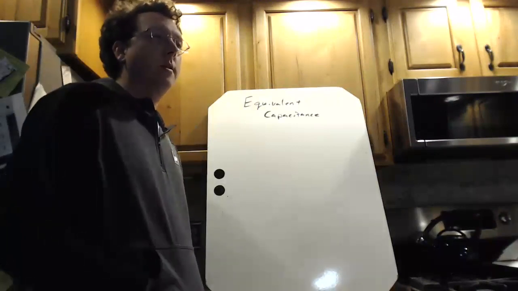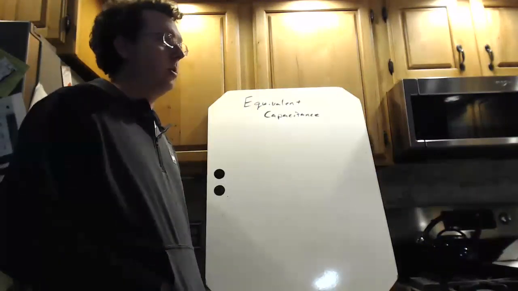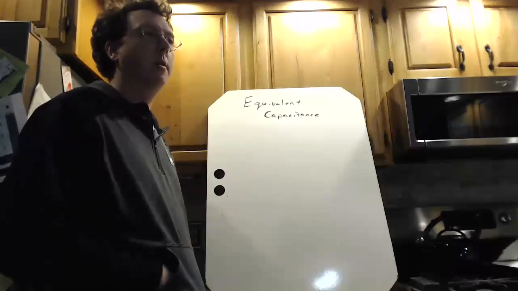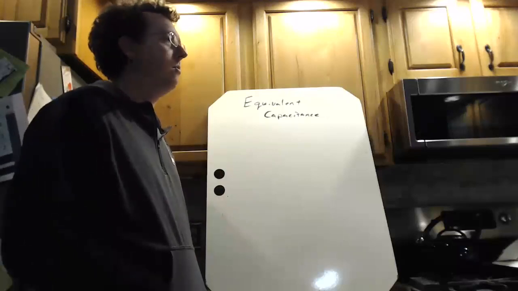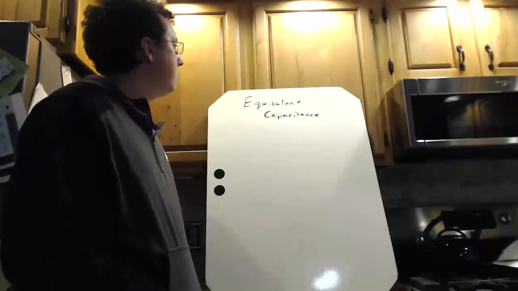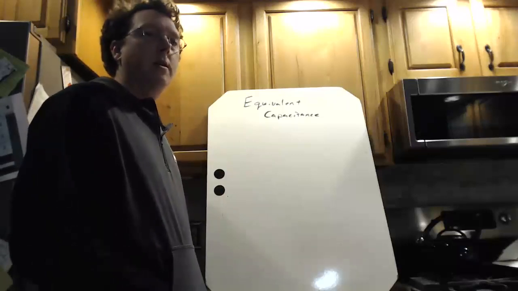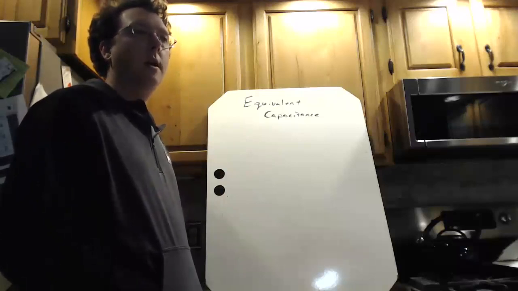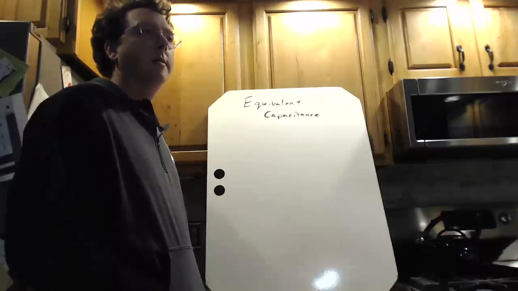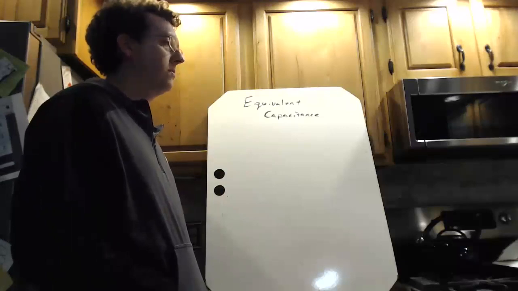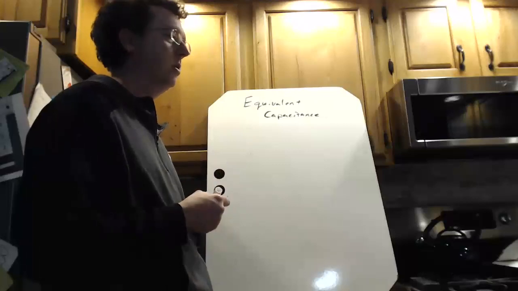So in this video, we're going to start talking about capacitance a little bit more, and we're going to go through and kind of unwind the idea over a couple videos. In this video, the focus is going to be to see how to combine the values of capacitance for several capacitors into one overall number.